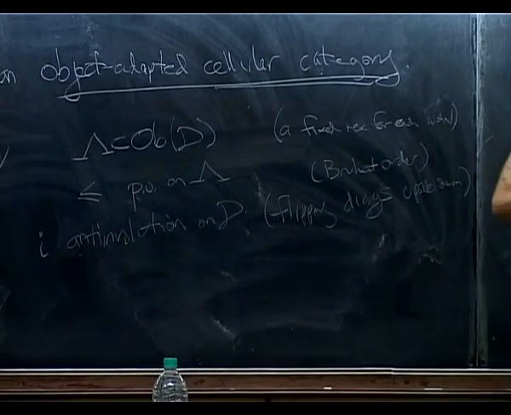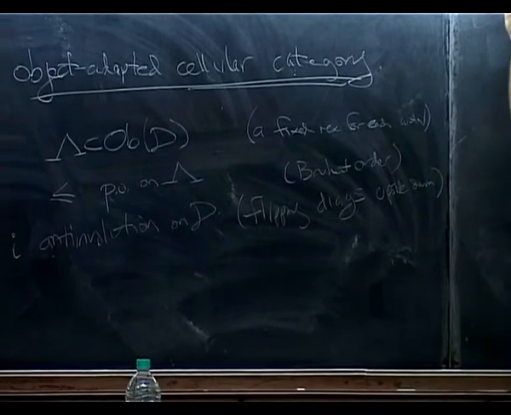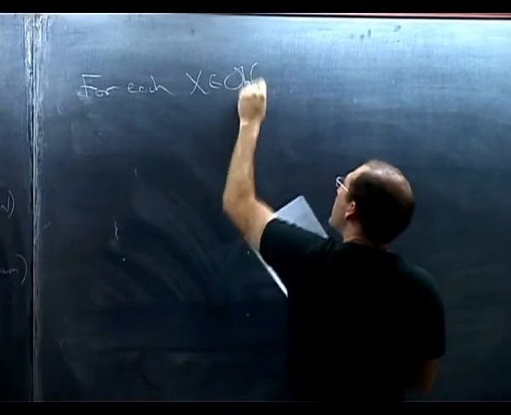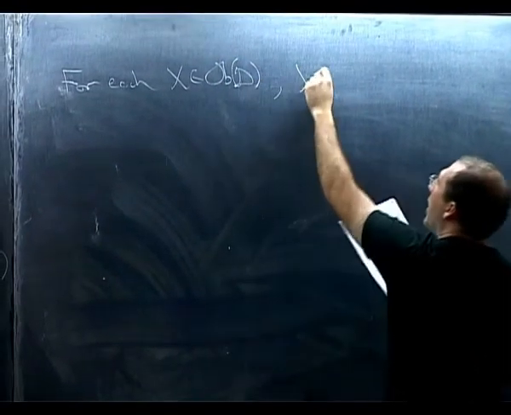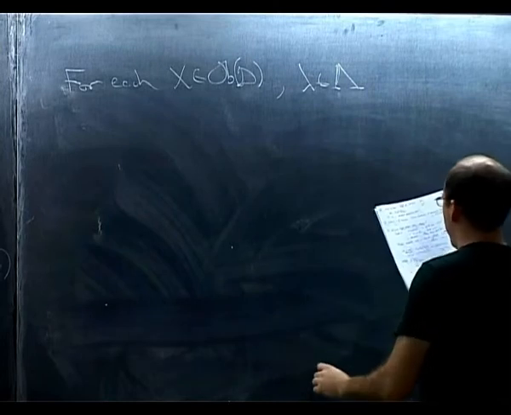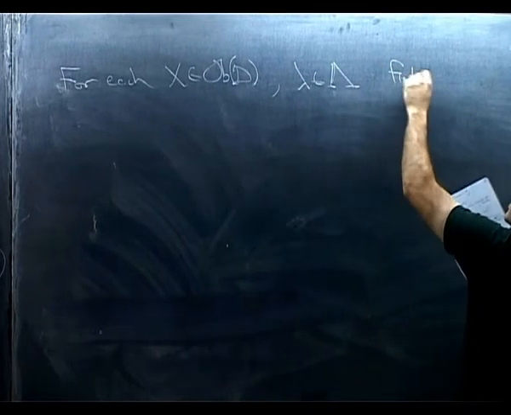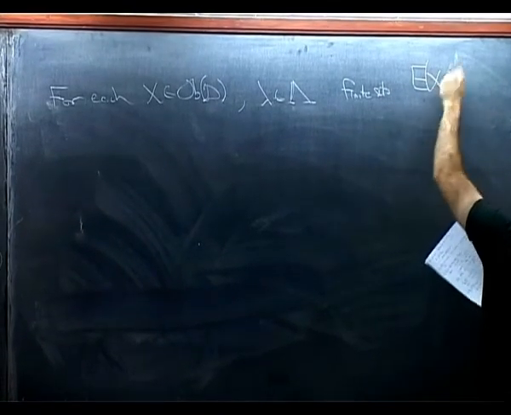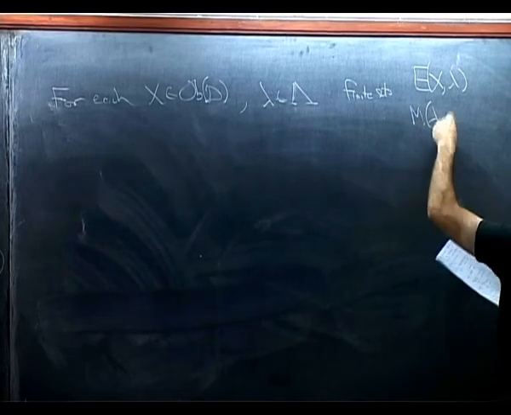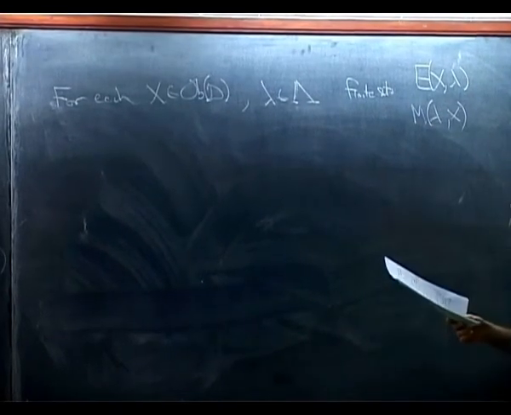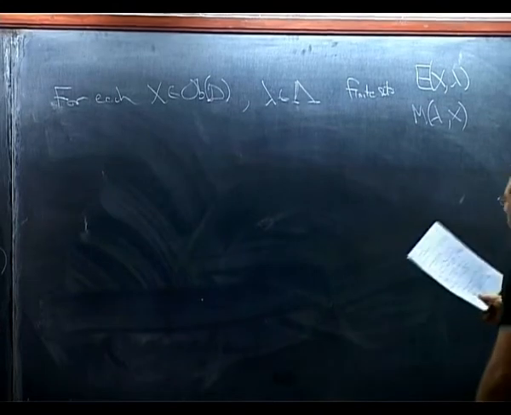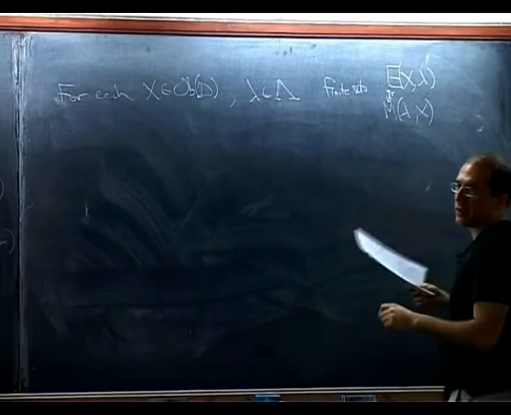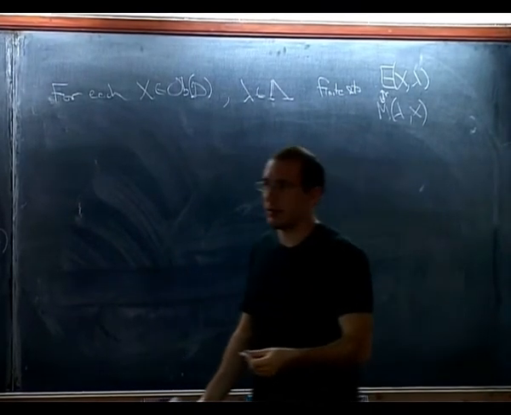So there's still more data. Okay, so for each object, so an arbitrary object X, and every special object lambda, you have finite sets E_X^lambda and M_lambda^X. Okay? And these two sets are in bijection. So in the literature, you usually only see one of them, but I think that makes things more confusing.